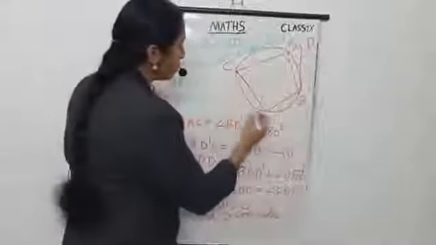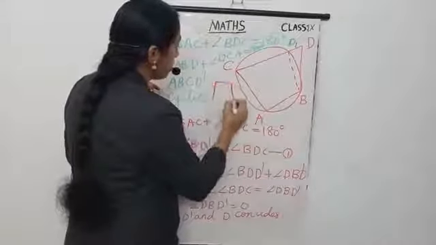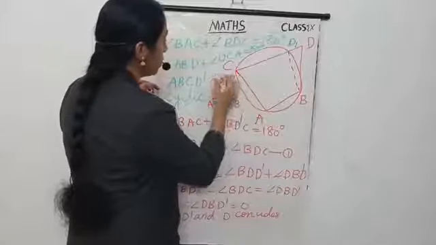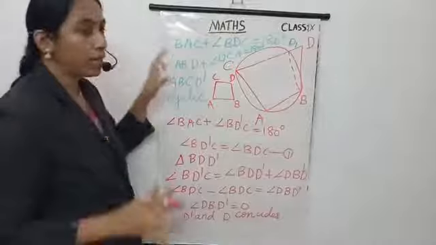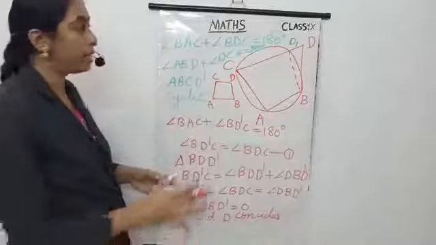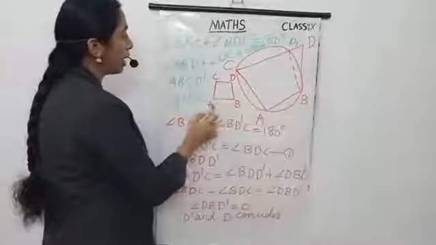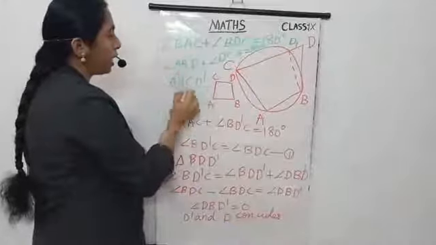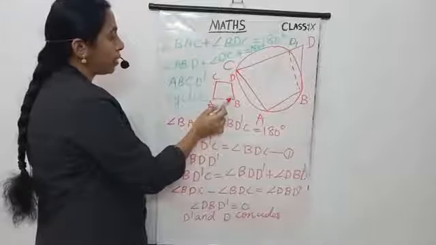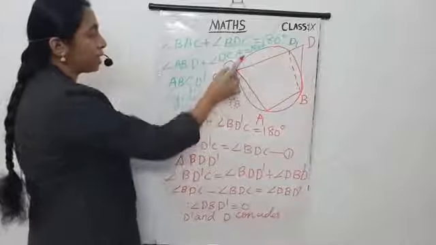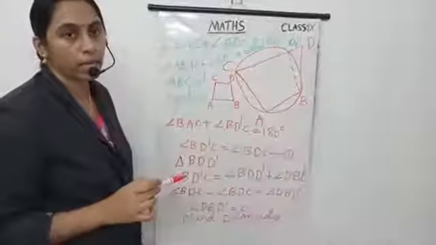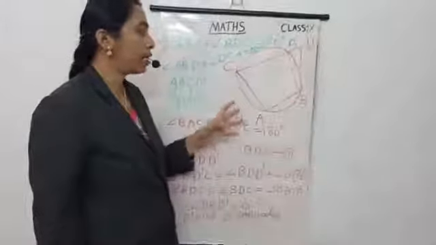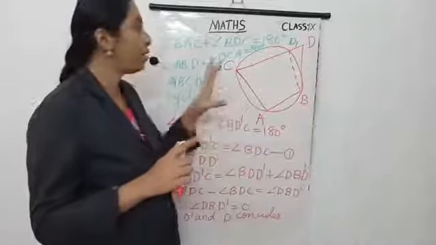According to the theorem, one quadrilateral is here, ABCD. Given that the opposite angles sum to 180 degrees, that is angle BAC plus angle BDC equals 180 degrees, and angle ABD plus angle DCA is equal to 180 degrees. That is given in the statement. We need to prove that ABCD is a cyclic quadrilateral, that means the points A, B, C, D are on the circle.